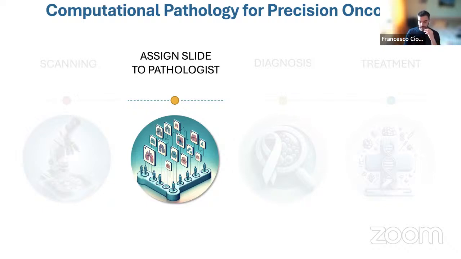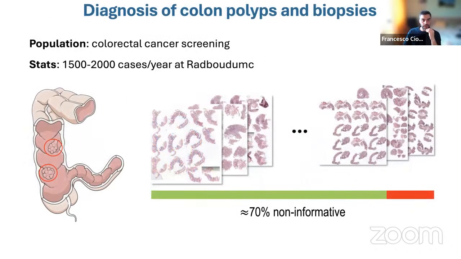But it turns out that there are some applications where we can think about doing something a bit different. For example, when we talk about the diagnosis of colon polyps and biopsies, these are cases that come from population screening. You have many cases, many polyps and many biopsies. For example, in our hospital, we have 1,500 to 2,000 cases a year.